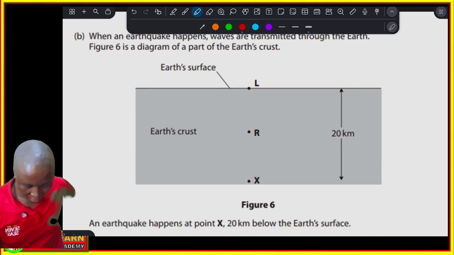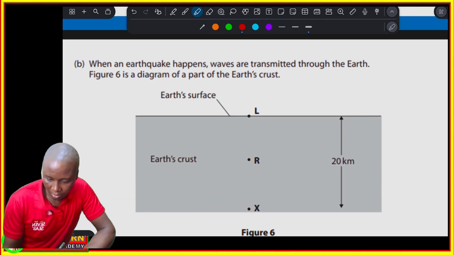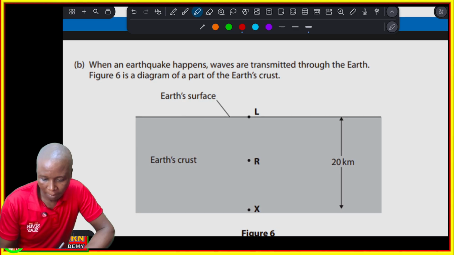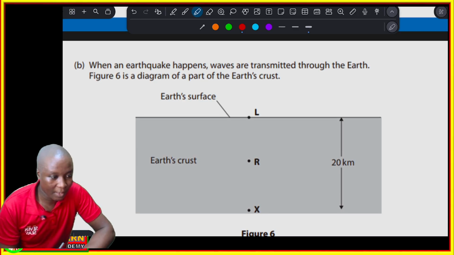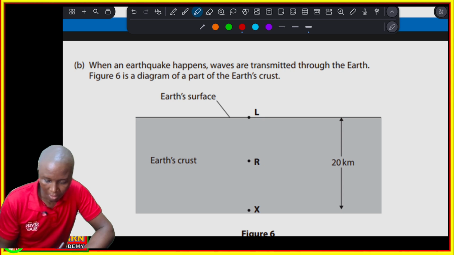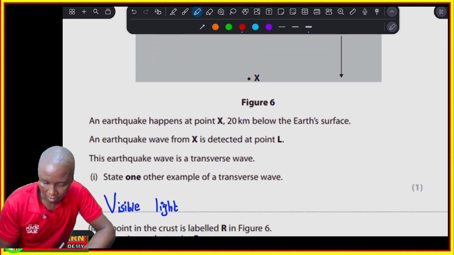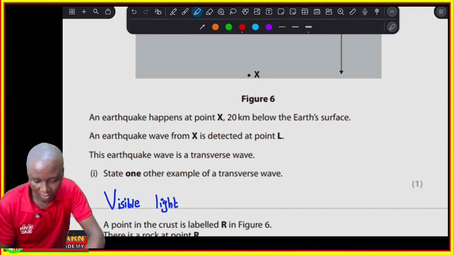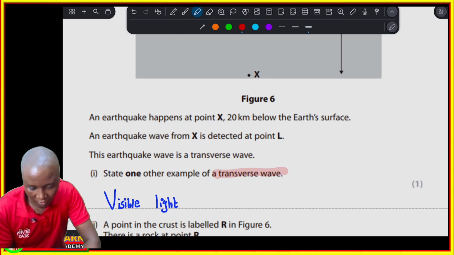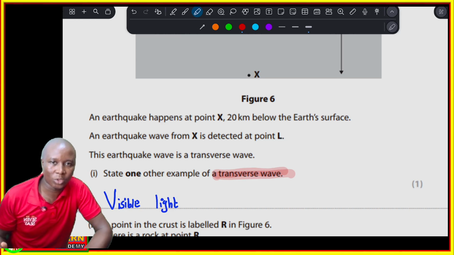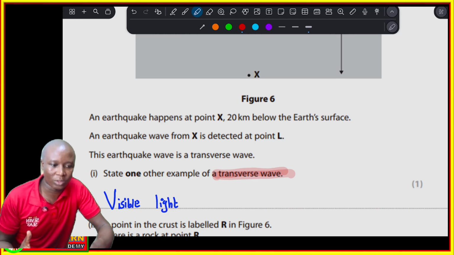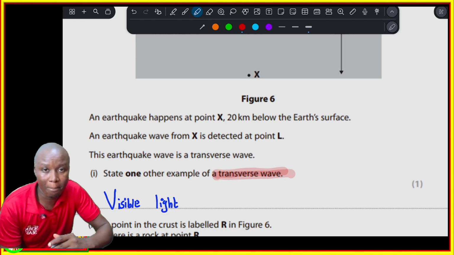Moving further to another question, we are told that an earthquake happens, waves are transmitted through the earth, and the diagram is represented there. State one example of a transverse wave. Remember, transverse waves are waves whose particles vibrate perpendicular to the direction of the wave.